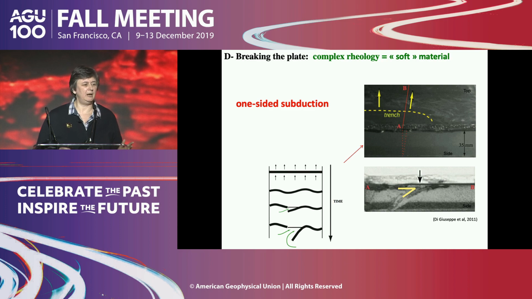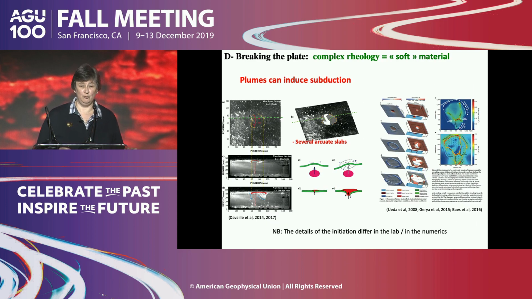It can be induced by compression, but also by plumes. A large plume can come and break the lithosphere, then spread on it and push the denser lithosphere down, inducing subduction in several arcs around its rim. But the detail of the initiation really strongly depends on the rheology and how brittle it can get.